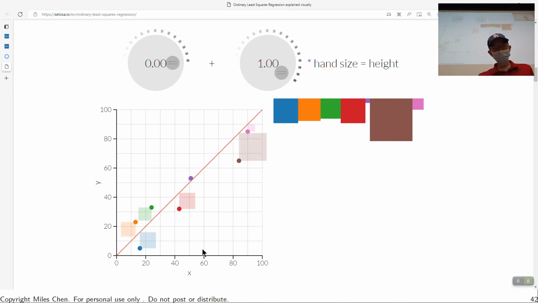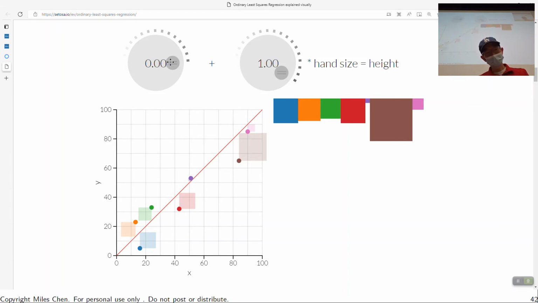And I guess this is our x and this is our y. What I can do is adjust the slope and adjust the intercept. Right now we have an intercept of 0 and a slope of 1.